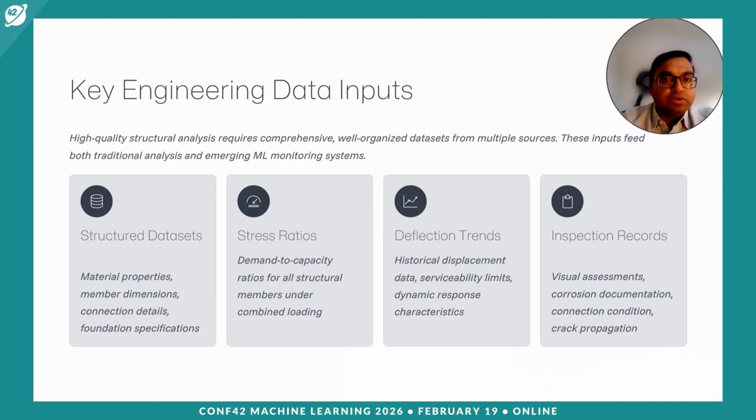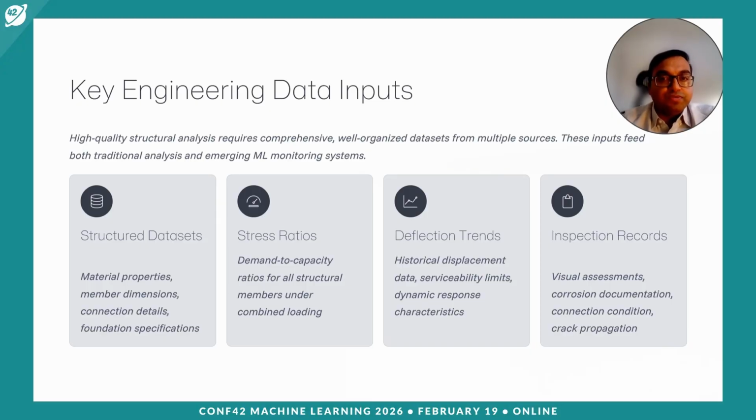Stress ratios or demand to capacity ratios are the primary output of structural analysis. Tracking stress ratios across all members and across multiple analysis runs provides a rich data set for identifying trends. Similarly, deflection data can include historical displacement measurements, serviceability limit checks, and dynamic response characteristics such as natural frequency and vortex shedding susceptibility.